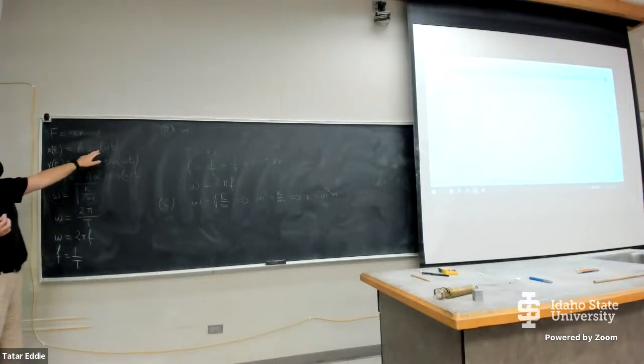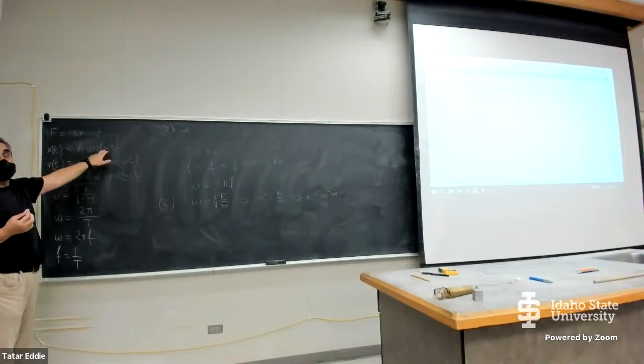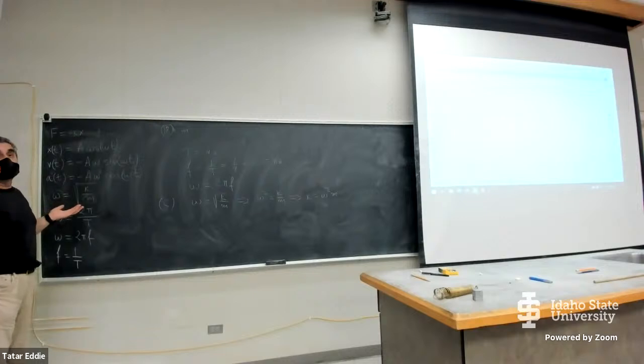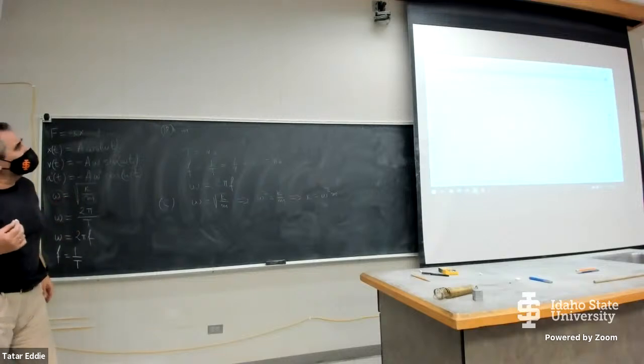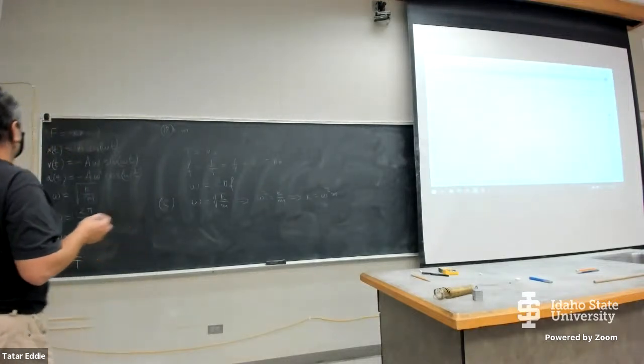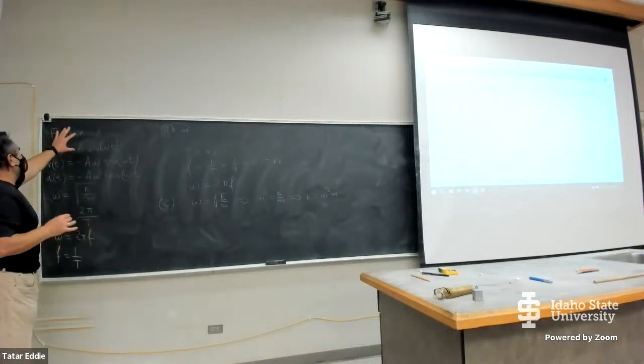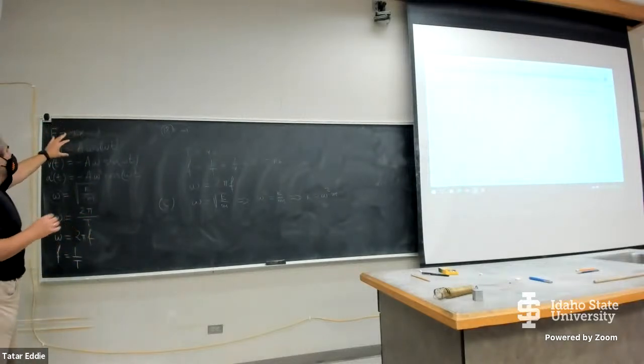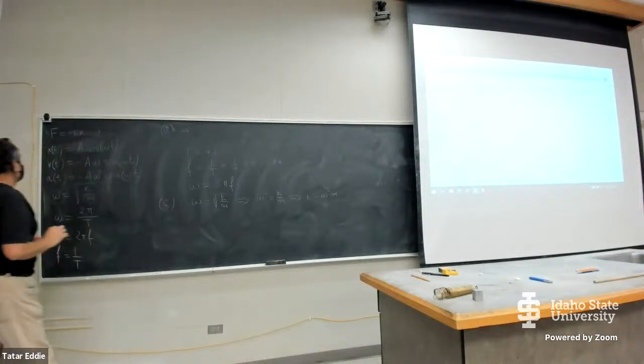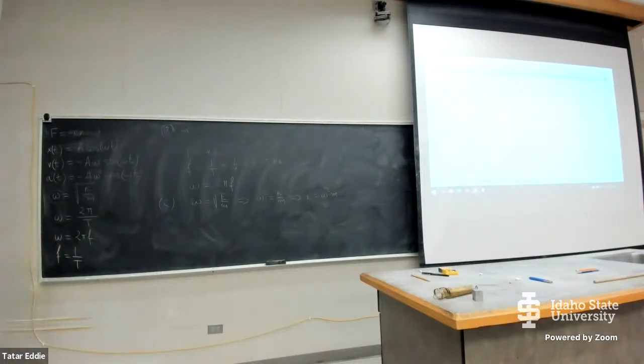Which means that omega t at that moment of time is equal to, well, let's leave it as cosine equal to 1. Let me see if I can figure it out in a simpler way.